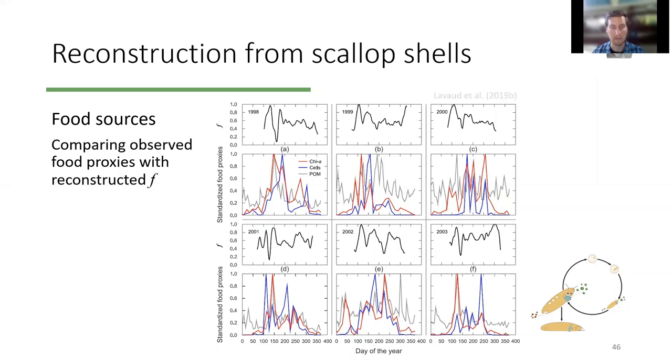And this is a discussion topic that is quite present this year through the participants of the school. This kind of approach can help better understand what food proxies are of relevance for a given species of bivalve, or what part of the year is most important for the growth of these bivalves, and what food is important at what part of the year mostly.